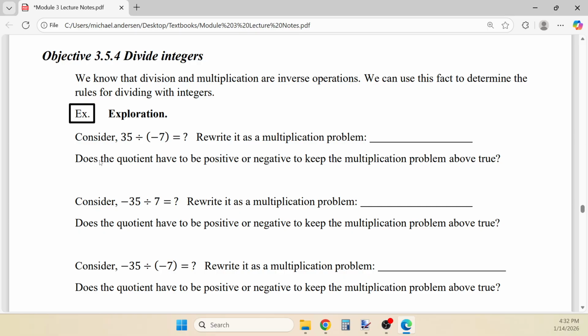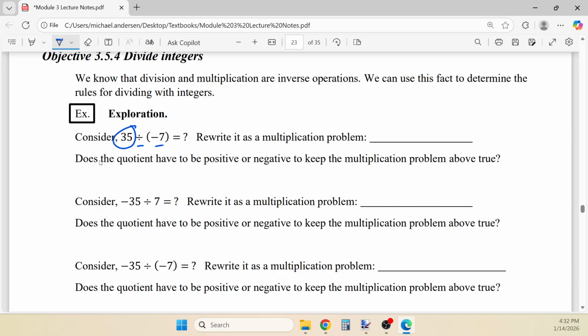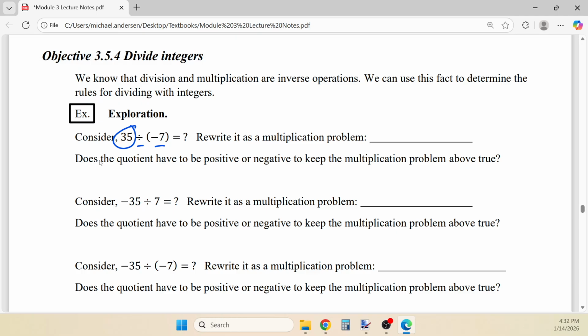Let's look at dividing integers. If I have 35 divided by negative 7, this is the same as writing what times negative 7 equals 35. Well, I look and I say this is a negative and this is a positive.